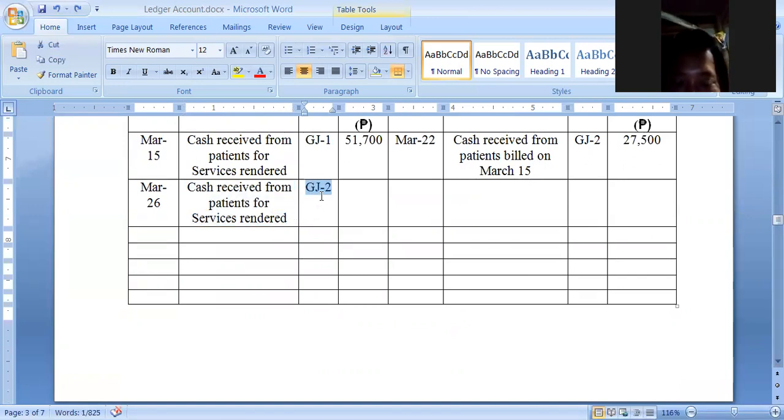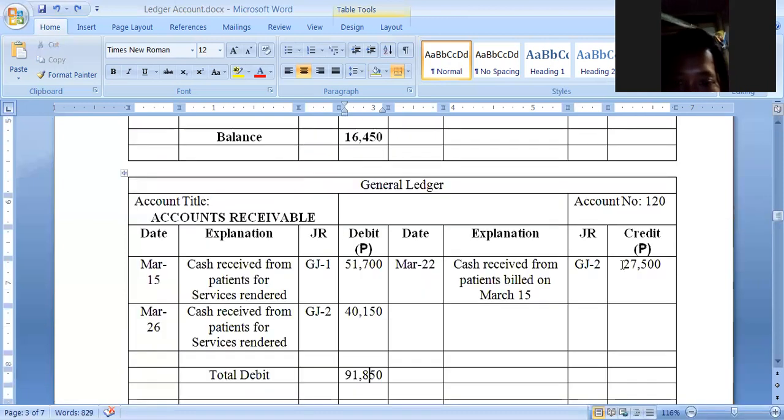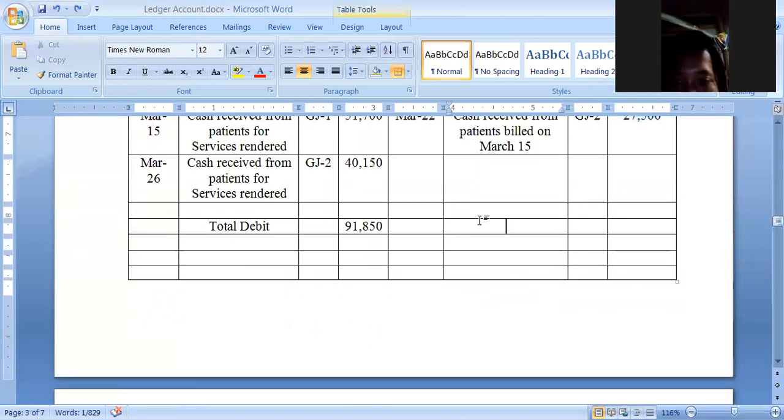General journal, page 2. 40,150 debit. The total debit is 91,850. And the total credit is 27,500.